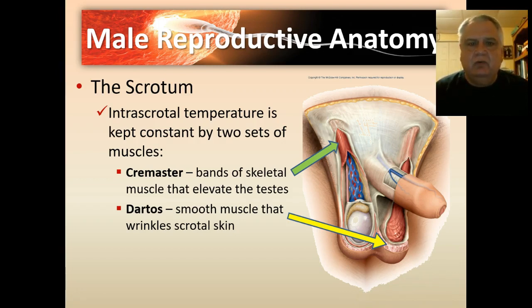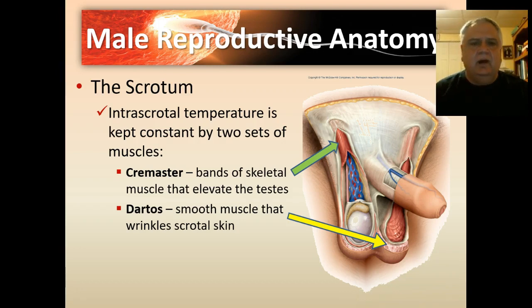The cremaster and dartos muscles are going to contract. The cremaster muscle is going to pull the testicle up close to the body wall. The dartos muscle is going to pull the scrotal skin up close to the body wall as well, to keep the testicles closer to the body where they can be kept warmer.